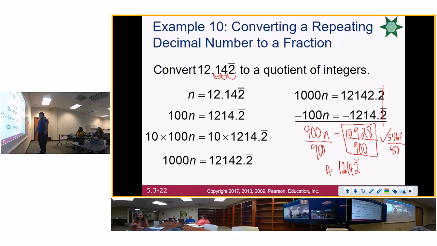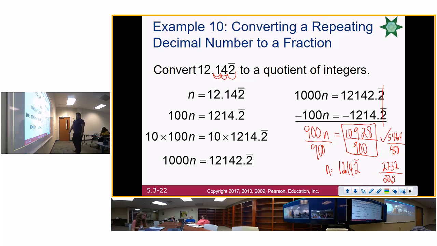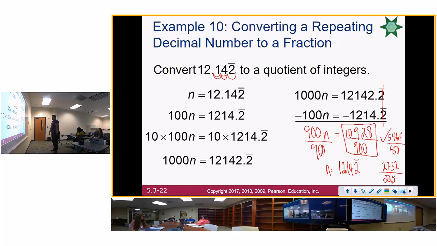Then if I divide that by 2, I get 2,732 over 225. I can't divide that by 2. The only other thing I can divide by is 5, and the top one is not divisible by 5. What about 7, 11? No, because 11 won't go into 225. 13 maybe, I don't know. Let's see what they come out with and see if they get 2732. They might be divisible by 13, I don't know.